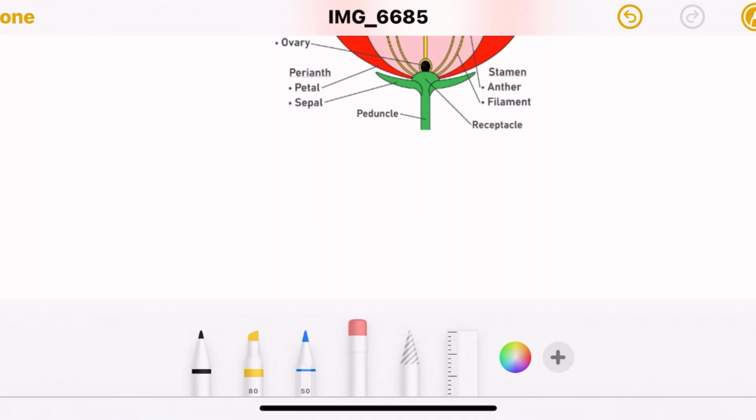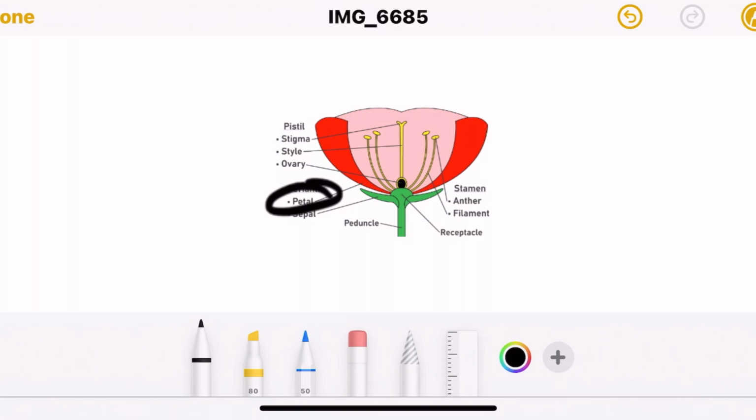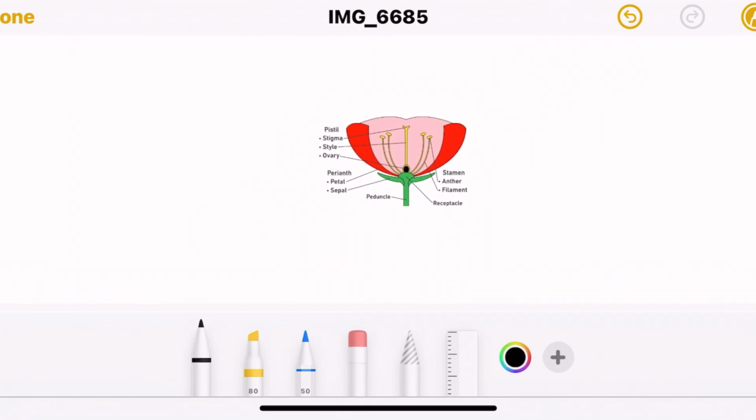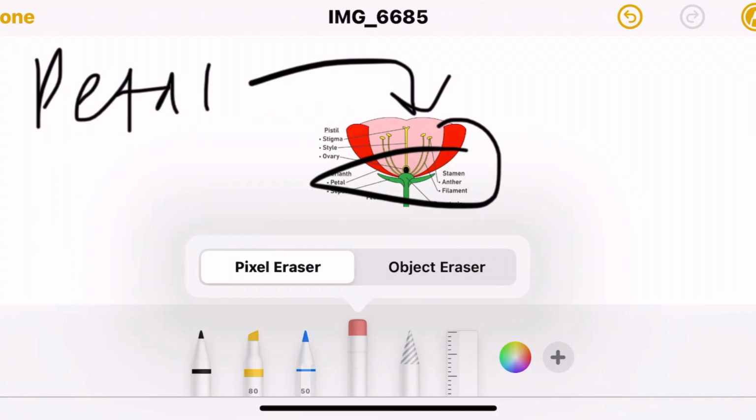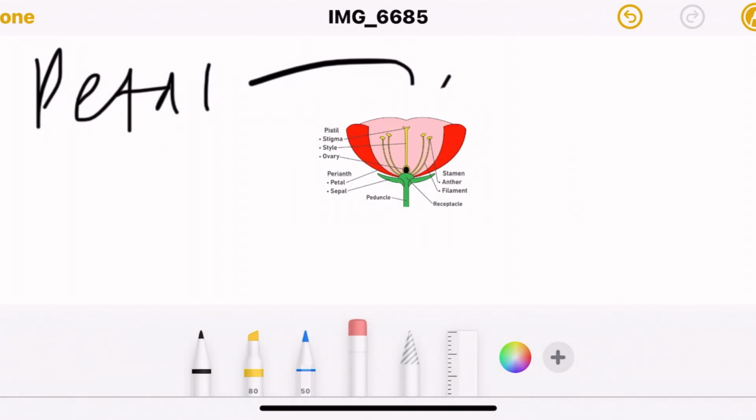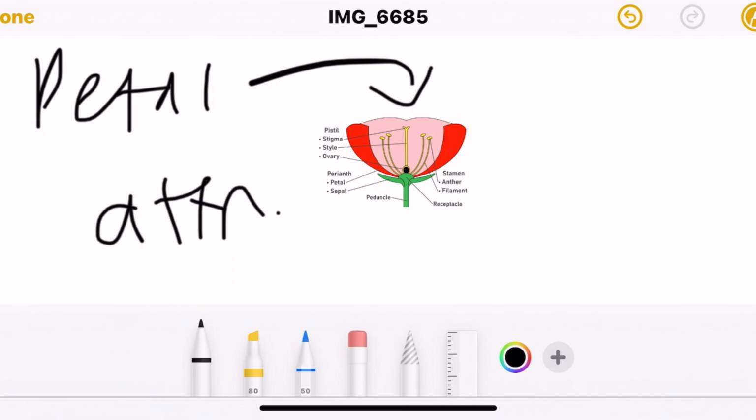The next thing we're going to learn about is the petal. We all know what petals are, these colorful parts of the flower. We have learned this in 5th grade and whatnot. So what does a petal do? It's colorful. And we just learned that if the sepal is colorful, it attracts insects.